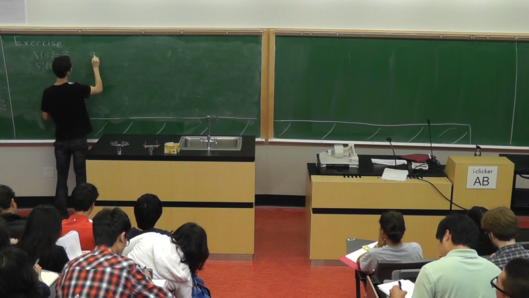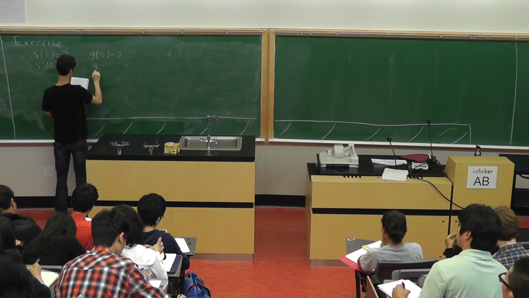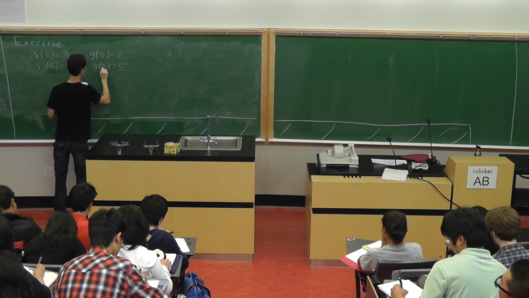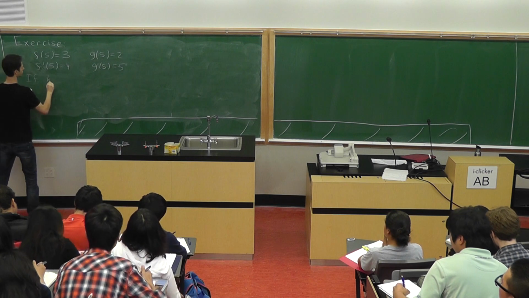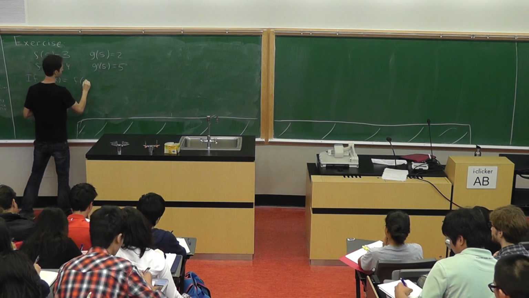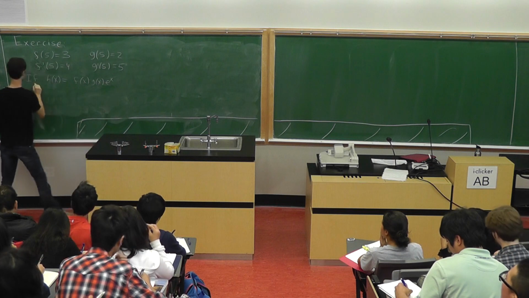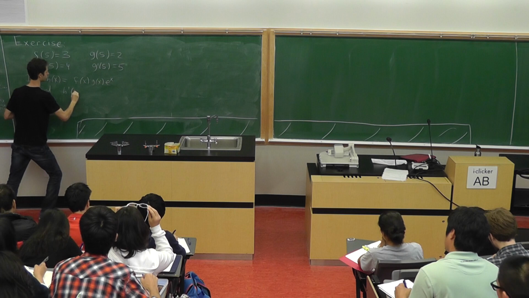And I'm also given another function. g at the point 5 is 2, g prime at the point 5 is 5. So if a new function h of x is f of x, g of x, e to the power x, find h prime at the point 5.